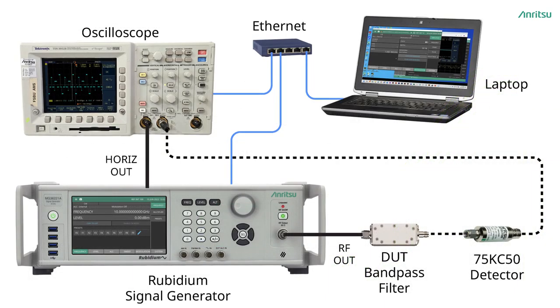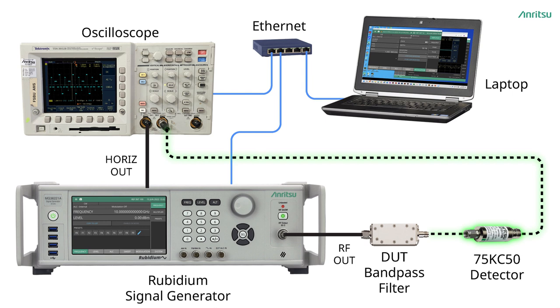Here is the setup to make amplitude response measurement. RF output of Rubidium signal generator is connected to device under test or DUT, which is a bandpass filter centered at 1.85 GHz. The output of DUT is connected to input of 75KC50 RF detector.